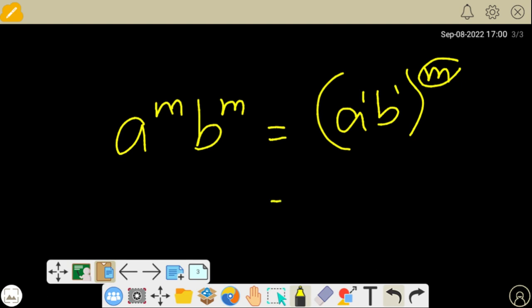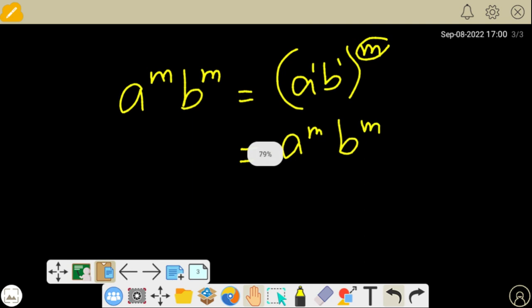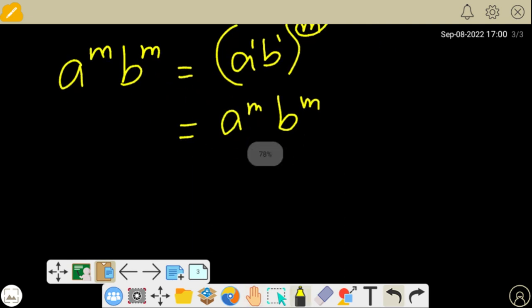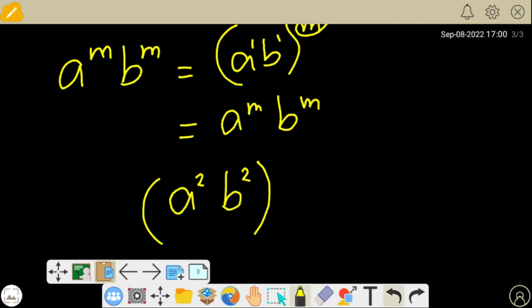So that becomes a raised to m times b raised to m. For example, if we have a squared times b squared, and it is raised to the power of 3, we get a raised to 6 times b raised to 6.